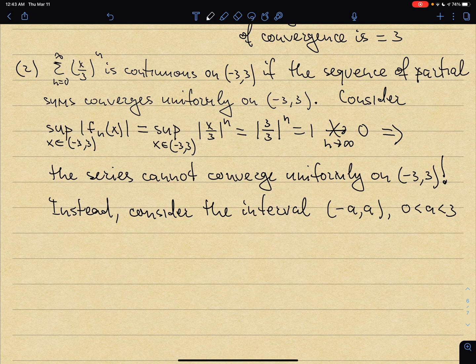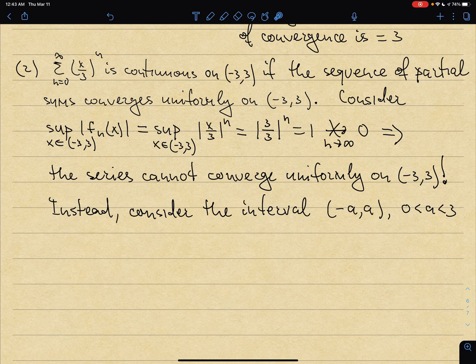Okay? If I consider an interval like that, and x is in the interval from -a to a, then the largest value of x that I can have is going to be a. Then I have (a over 3) to the power n, and (a over 3) to the power n certainly is a number that goes to 0 as n goes to infinity because a is less than 3.